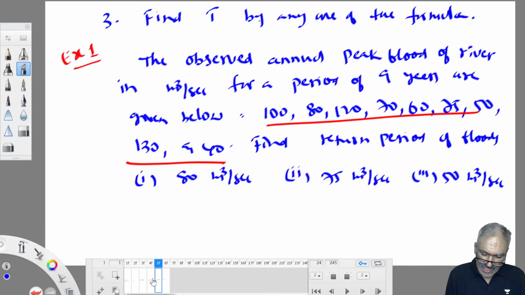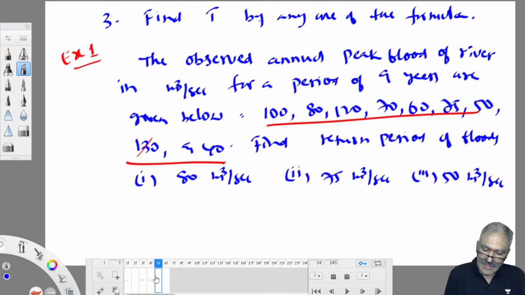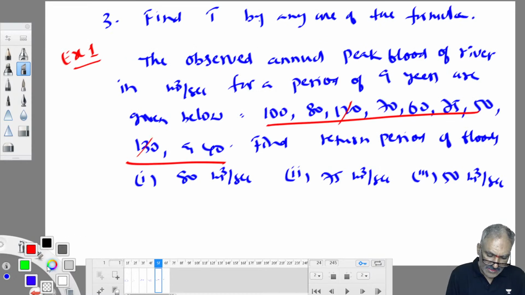So what is the highest value here among all these data? 130, the first value. I'll put a tick mark there, so that we don't get confused. Next highest value is 120. Okay, 120 also taken. Next highest 100. 100 also taken, right? Next highest 80.